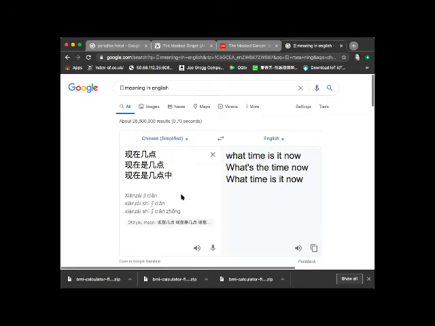Okay, so if you want to use pinyin, you can look at the bottom part here. We're saying 现在几点, what time is it now? That's the translation on the first line. The second line, 现在是几点, what's the time now. And then we also have 现在是几点钟, which is also what time is it now.